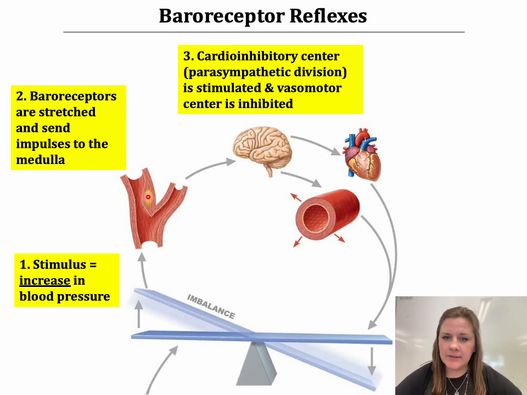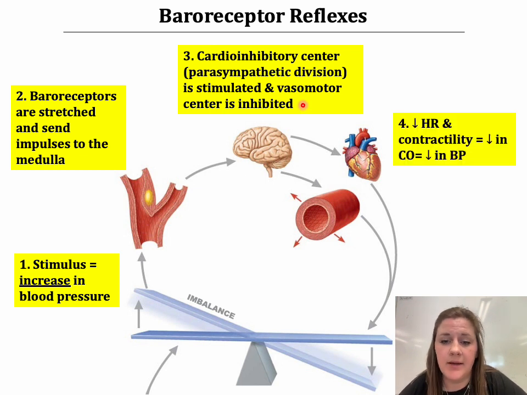That's going to automatically activate cardioinhibitory centers, which are under parasympathetic control, and also inhibit vasomotor centers. The effect is a decrease in heart rate, a decrease in contractility, a decrease in cardiac output, decrease in blood flow, and decrease in blood pressure.